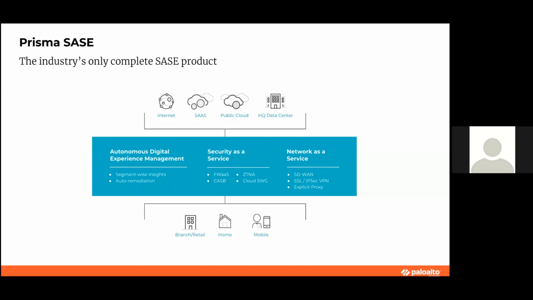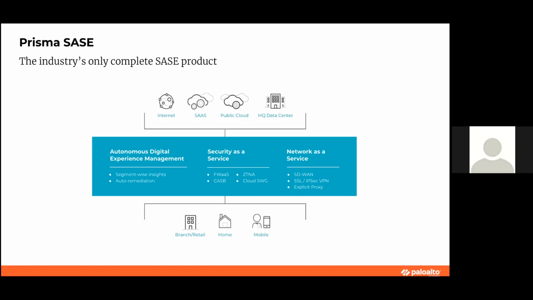All these changes mean that more organizations than ever are in dire need of a security model that addresses network and cloud protection with a secure service edge. Prisma SASE converges security, SD-WAN, and autonomous digital experience management into a single cloud-delivered service. This integrated offering is consistent, effective, and unique in its offerings.